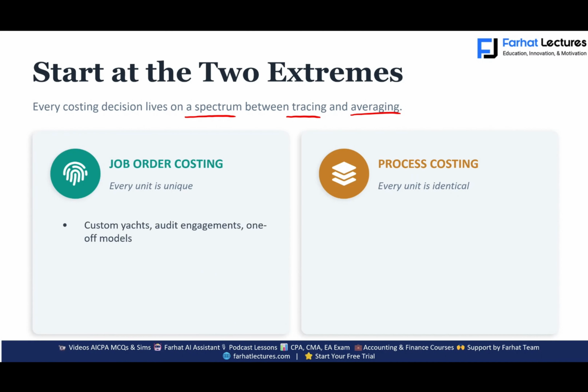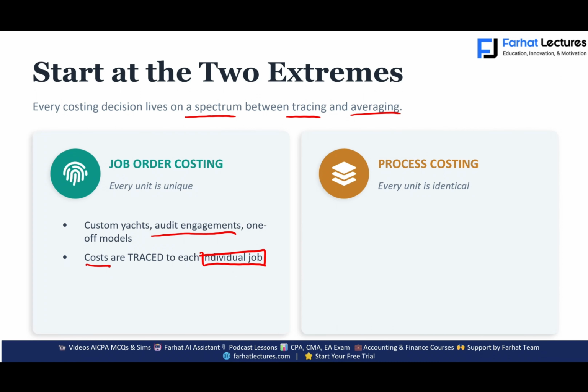Another example is building a custom yacht. Each one is different. Another is an audit engagement for an accounting firm. Each client is different in terms of size, industry, risk, number of accounts, and number of assets. So we're looking at a one-off model with job order costing. Costs are traced to each individual job.